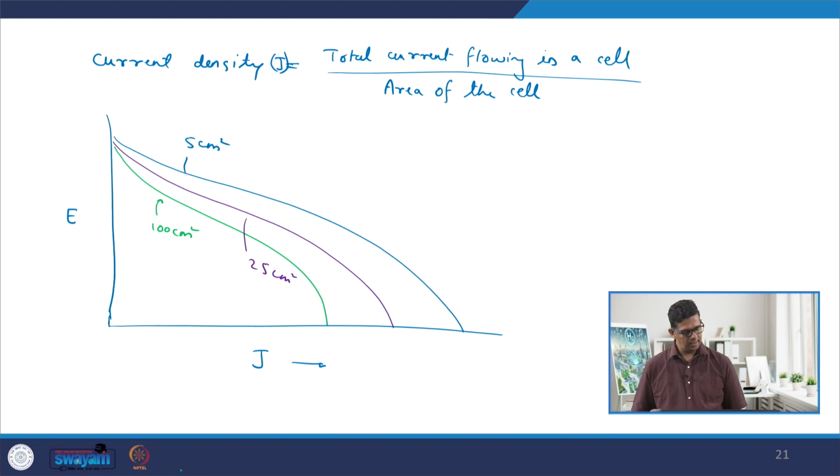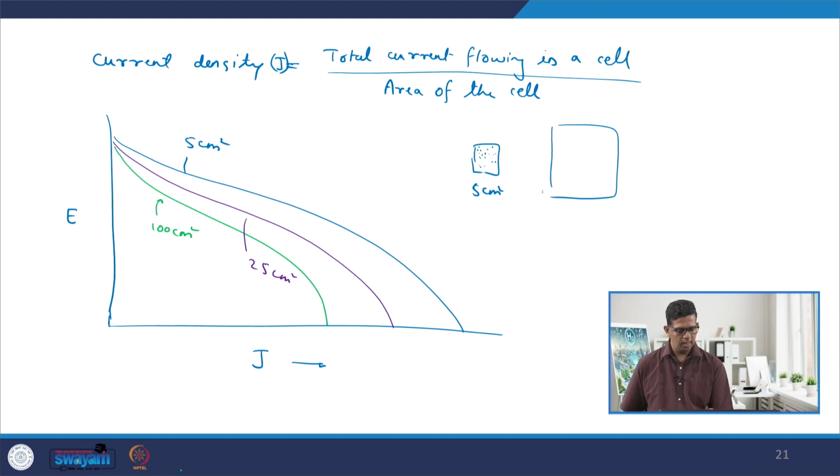So, why is this happening? As I have already mentioned, as the area of the electrodes increases, there are more chances or more sites for the reactions to occur. For example, in this 5 centimeter square cell, the number of reaction sites is limited.